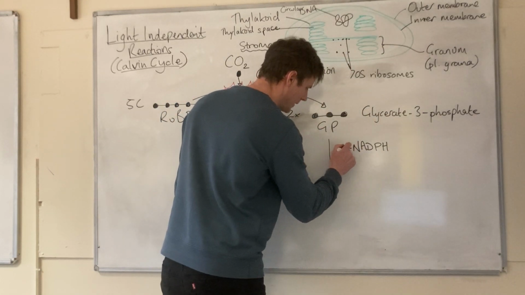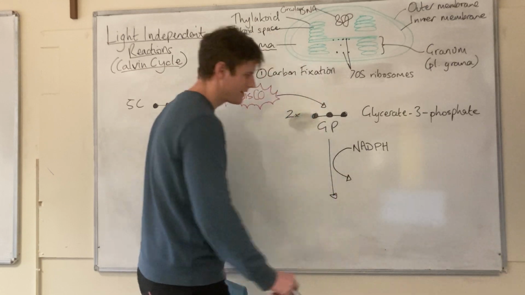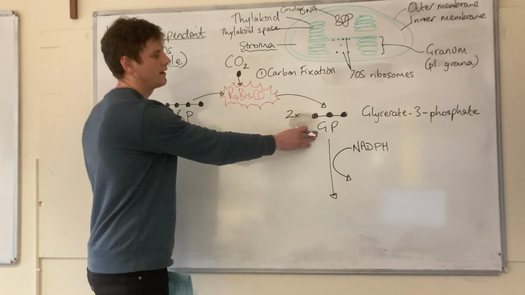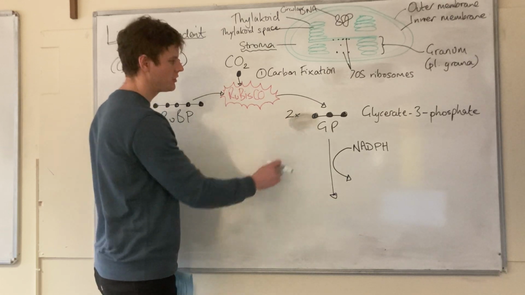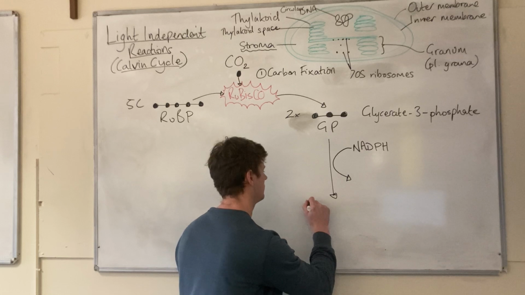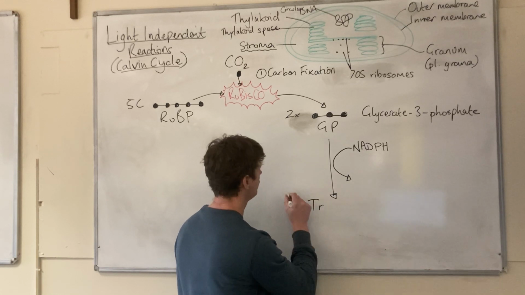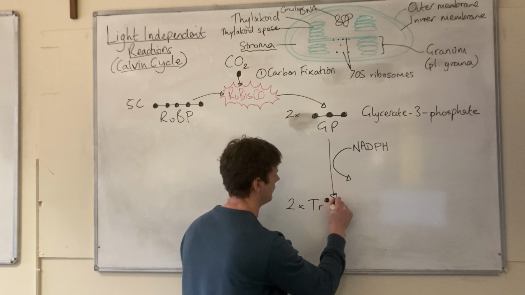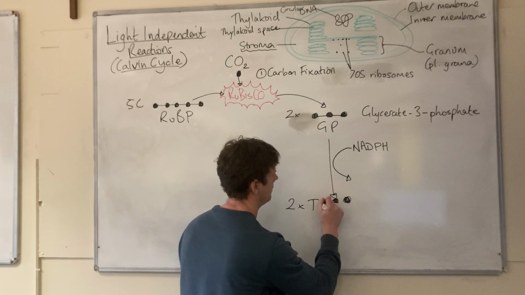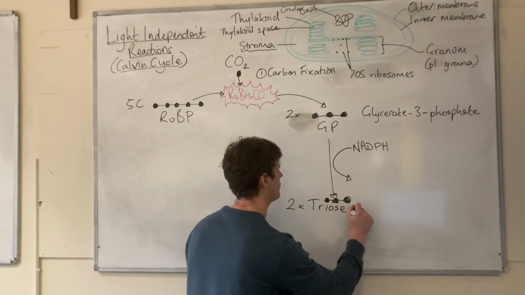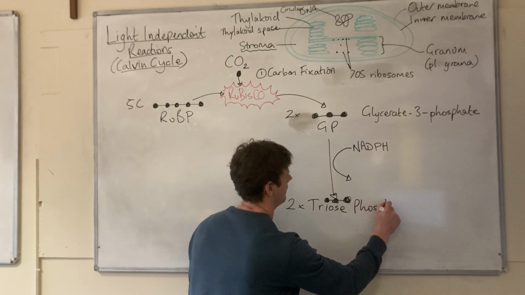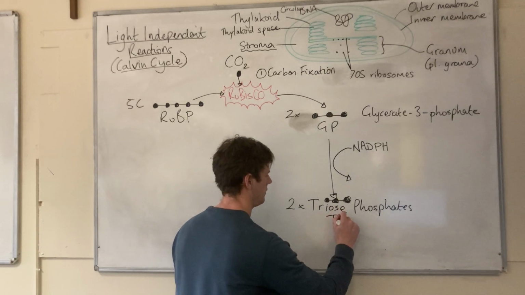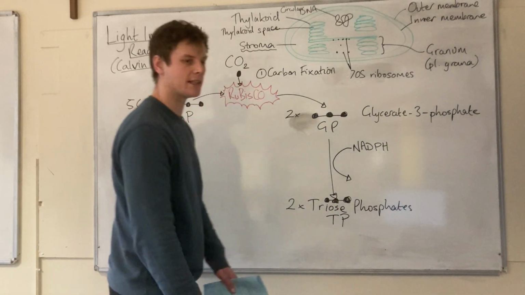So reduced NADP donates electrons and hydrogen to the glycerate 3-phosphate to produce 2 3-carbon triose phosphates, which can just be abbreviated to TP.